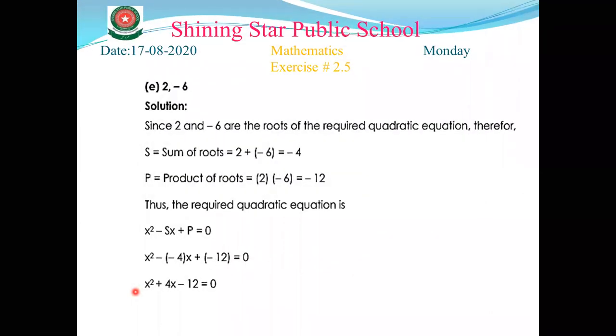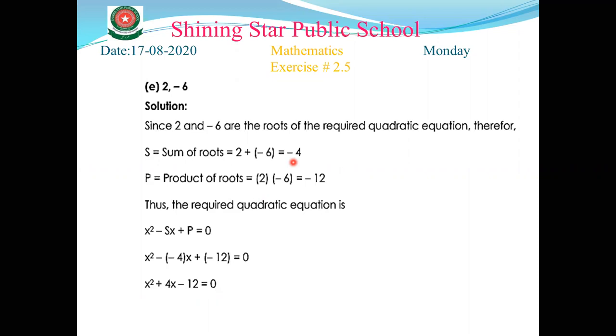Next is 2 and minus 6. Now, since 2 and minus 6 are the roots of the given quadratic equation, the sum of the roots is 2 plus minus 6 is equal to minus 4, and the product of the roots is 2 multiplied by minus 6 is minus 12.